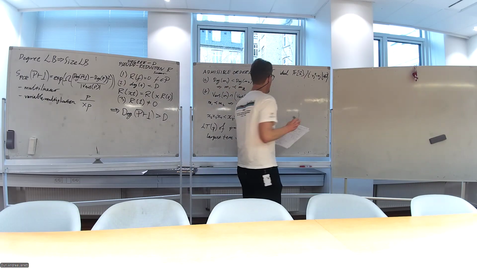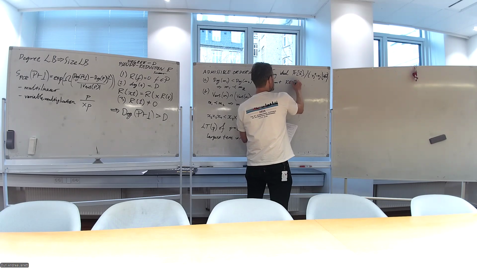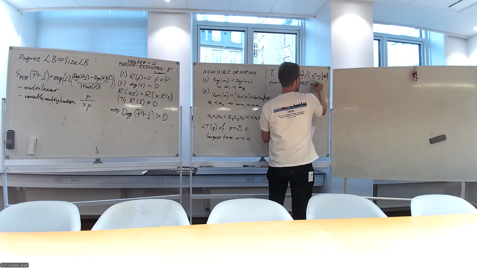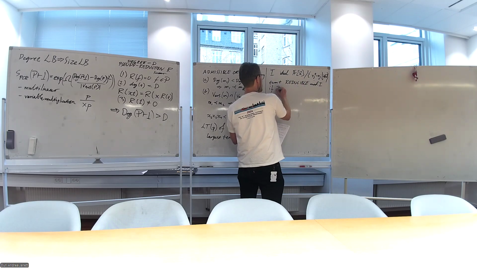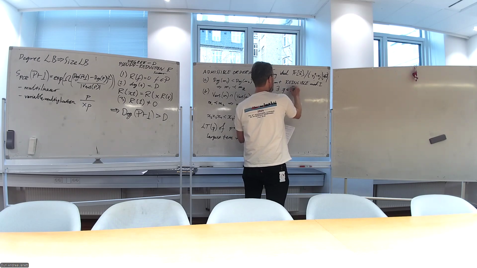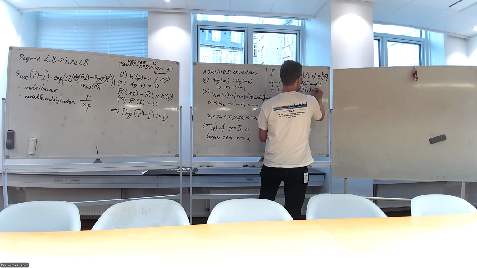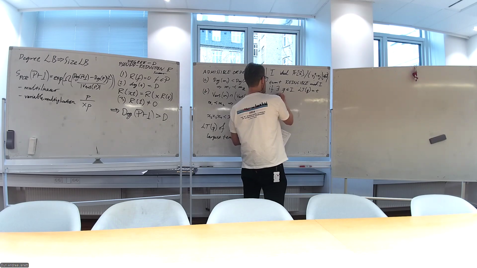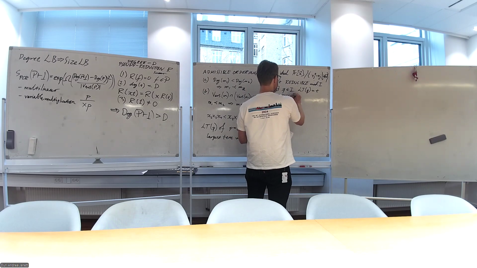Okay. We say that a term T is reducible modulo the ideal I if there exists a polynomial Q in the ideal such that the leading term of Q is T. And otherwise, we say that the term is irreducible.